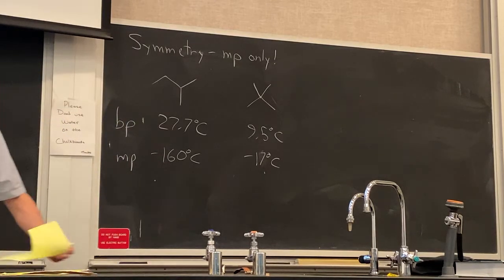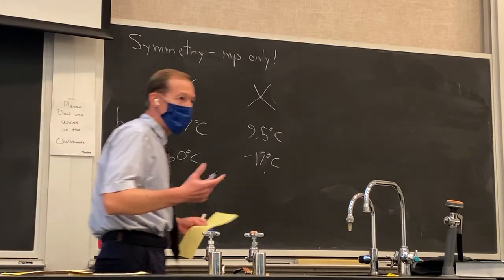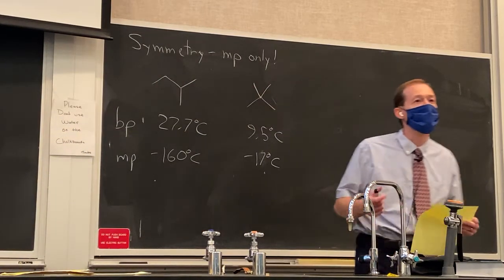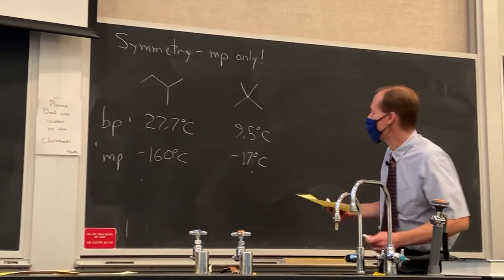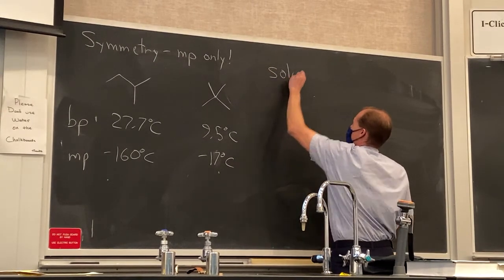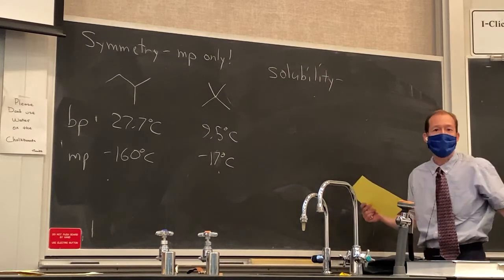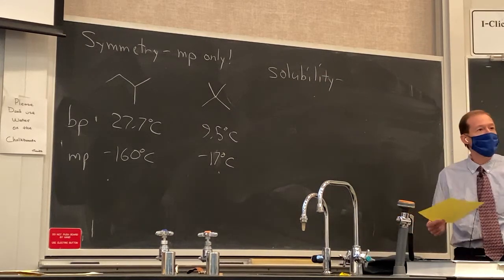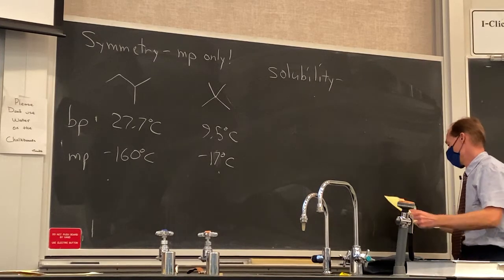so let's talk about solubility, our other main physical property that is impacted by the types of intermolecular attractive forces that we can have between molecules. Okay? First, we need to define solubility in order to talk about it. And I'm pretty sure you've discussed it, learned it in general chemistry.